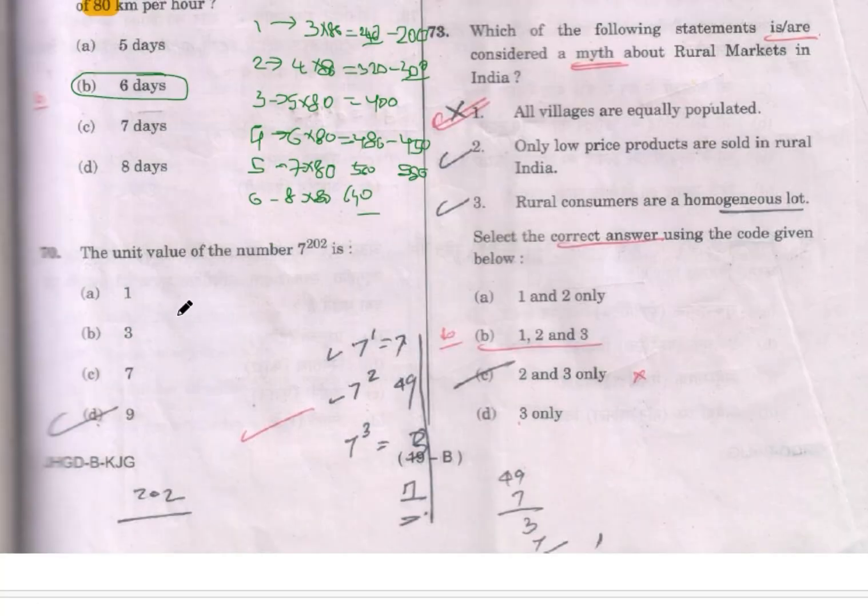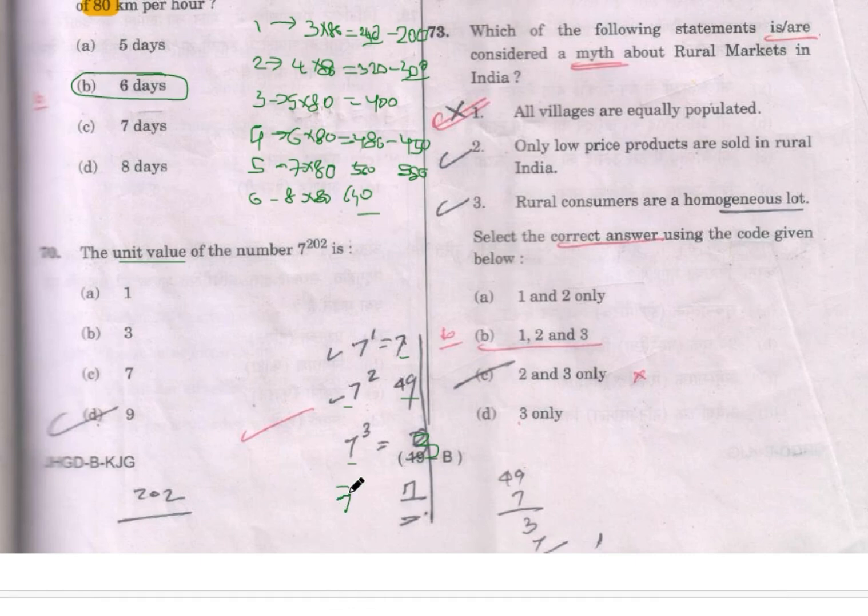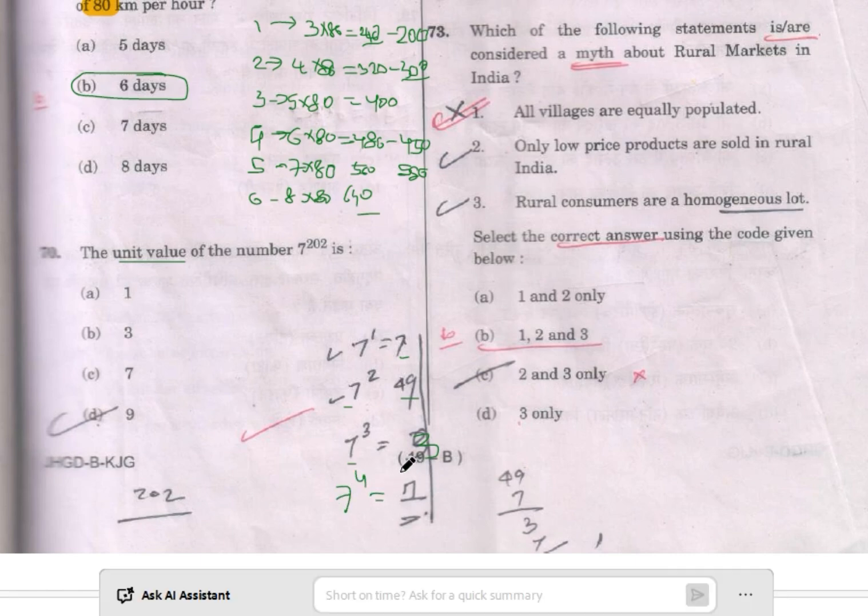Now coming to the next question, that is, what is the unit value. In this type of unit value question, you have to understand that 7 to the power 1 is 7, 7 to the power 2 is 49, 7 to the power 3 is again 3, and next will come 7 to the power 4, that is 9 into 7, meaning 3, and this is 1.